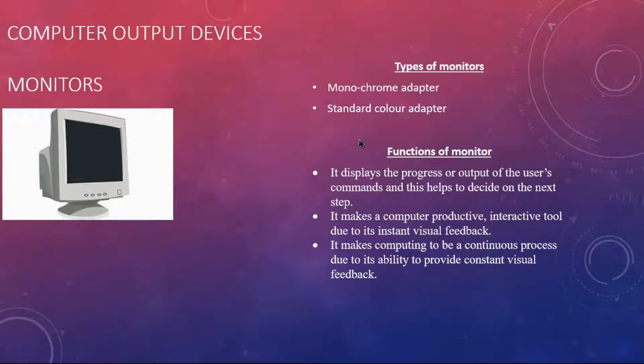Some people call the monitor a screen. Others call it the video display unit. These are the devices which are used to get the processed data out of the computer to be displayed onto the screens to the users.